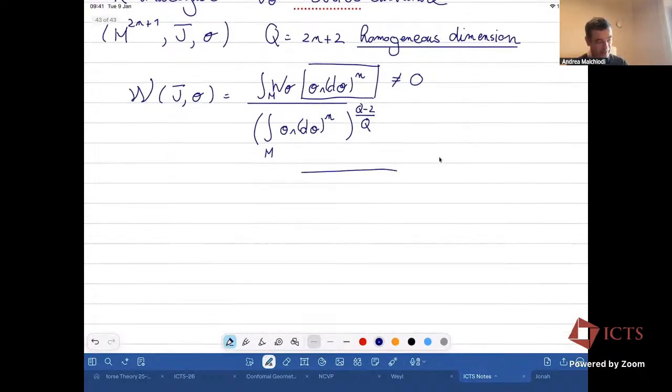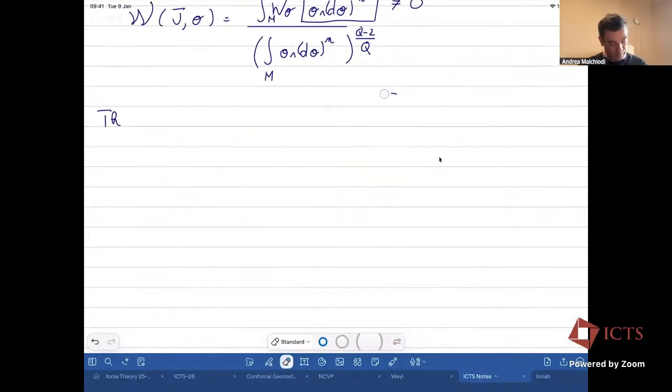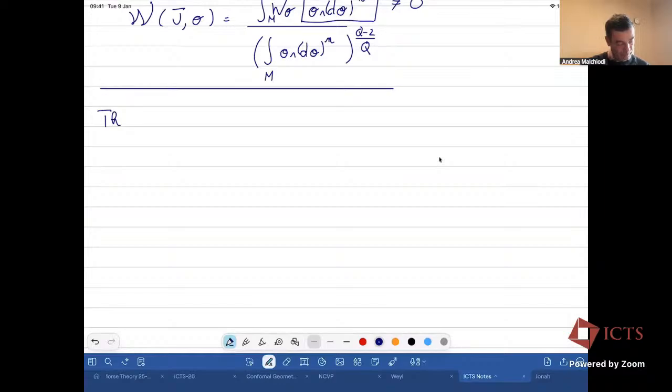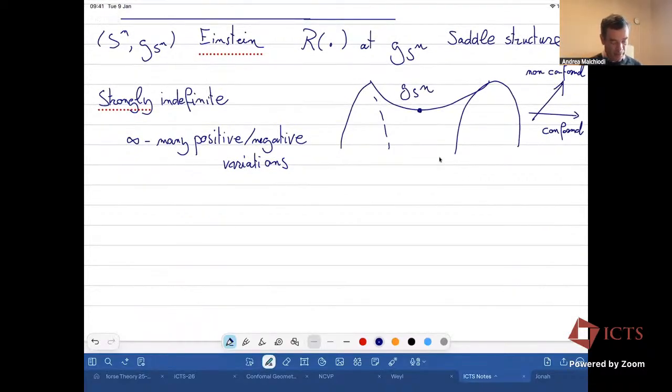So we have this theorem, Theorem F. Before I go on, let me recall the saddle structure on the Riemannian sphere. In the conformal directions, we have positive definite second variation. In the non-conformal direction, we have negative definite second variation.